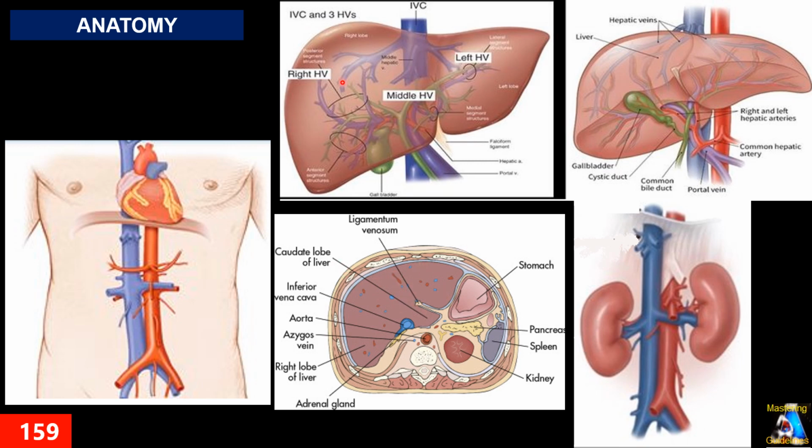Just remember that anterior to the IVC and aorta we have the liver, which gives us a very good ultrasonic window, because there is no gas around that area, and the liver is a good acoustic window.